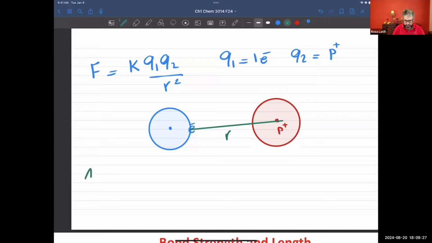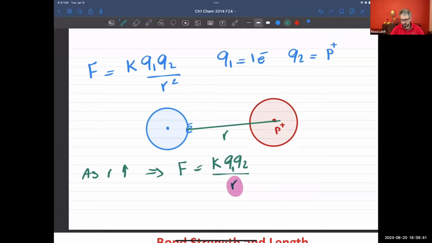As R goes up, because R is in the denominator, and Q1, Q2, and K are not changing, only R is changing, force will go down. What does it mean? It means you will have a weaker bond. So this is the distance between two p orbitals that are going to form a pi bond for you, versus two p orbitals that are attracting head-to-head.